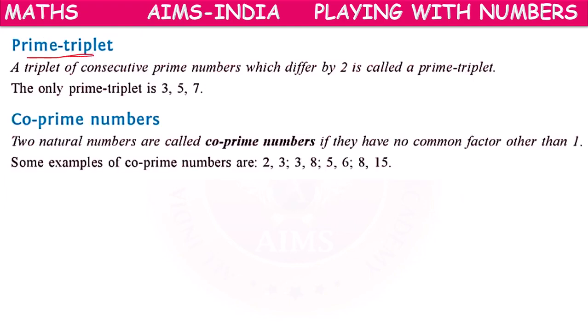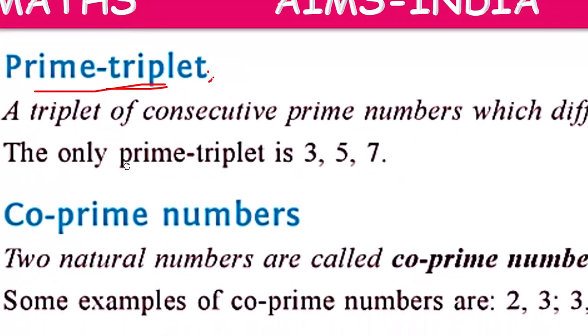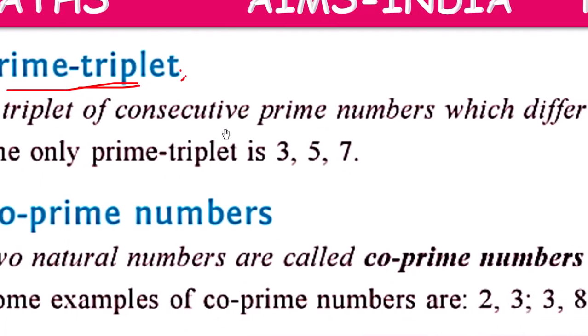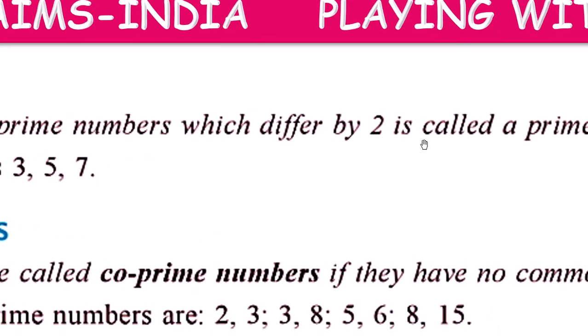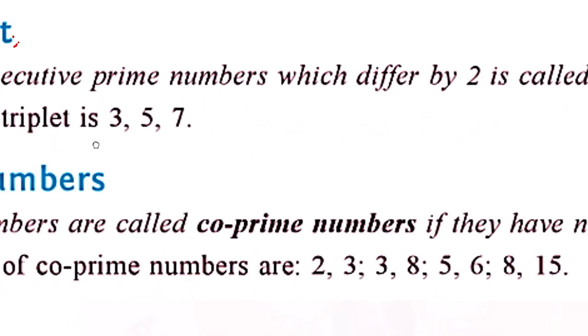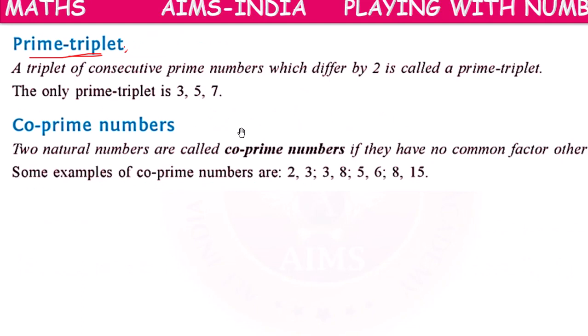Next, prime triplet. A triplet of consecutive prime numbers which differ by 2 is called a prime triplet.